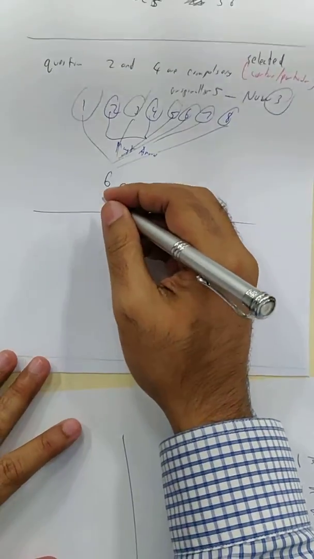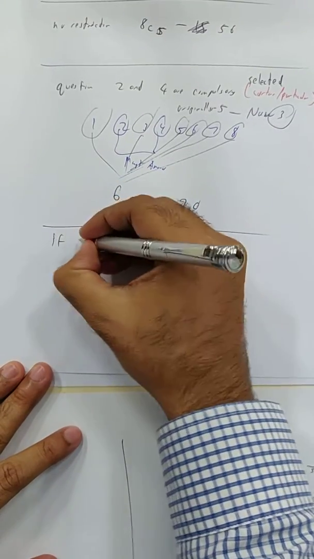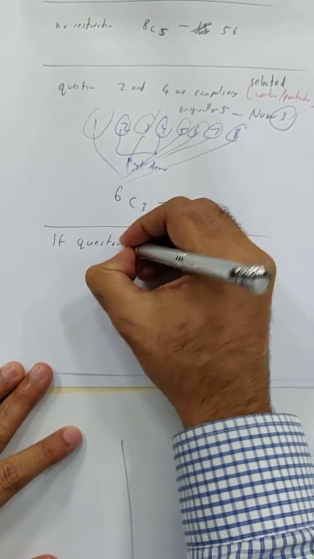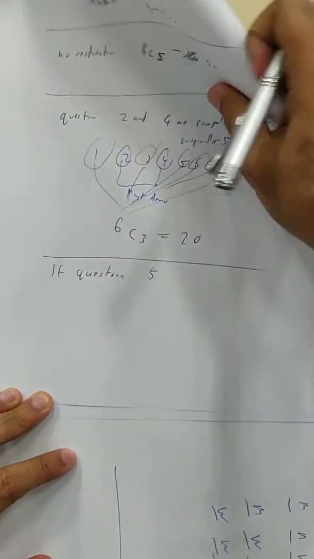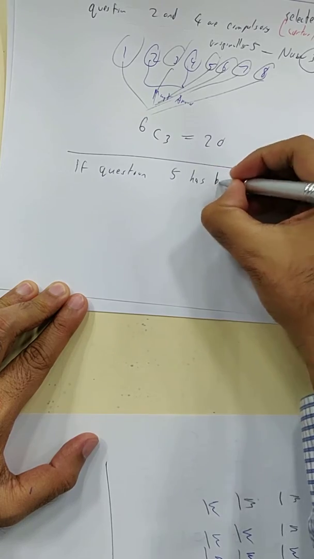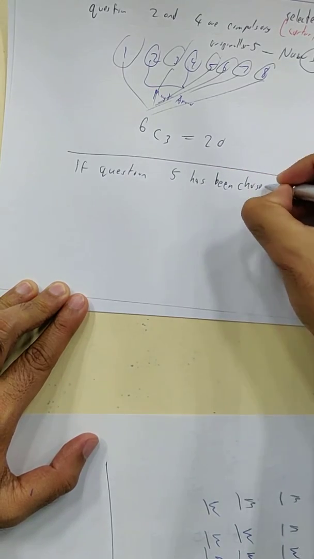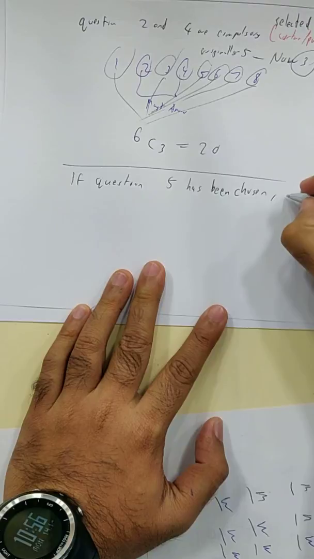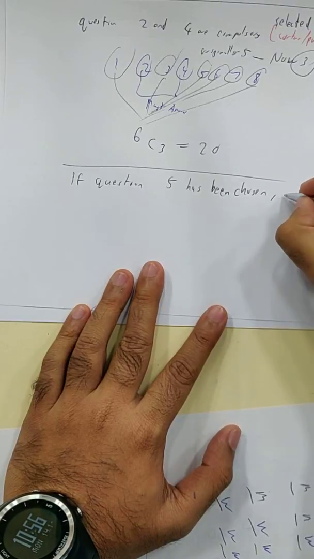Okay, one last one before we end. If question 5 has been chosen, question 6 cannot be chosen.